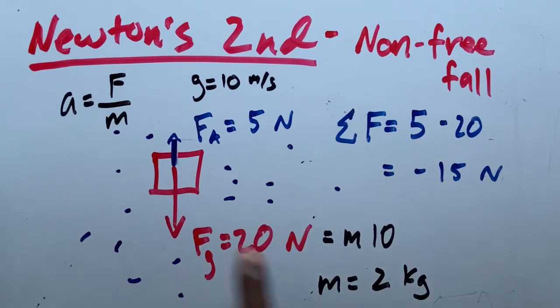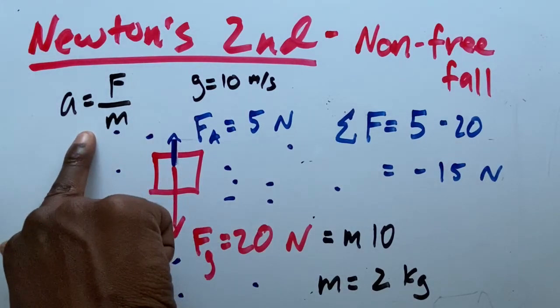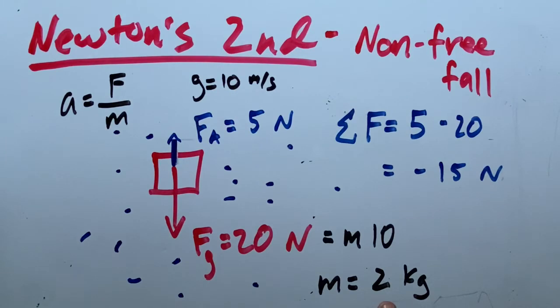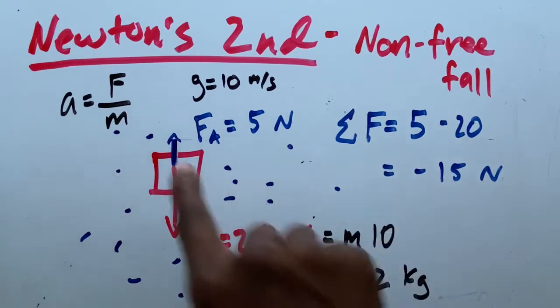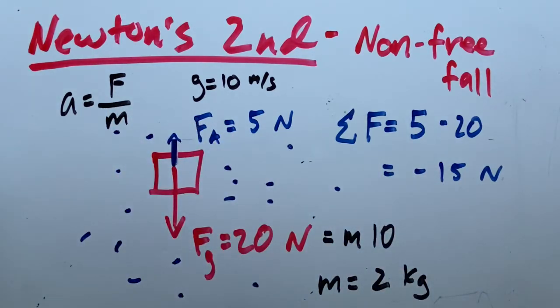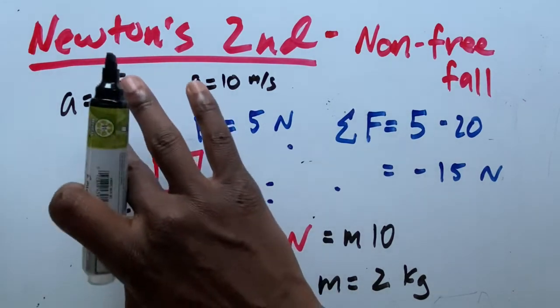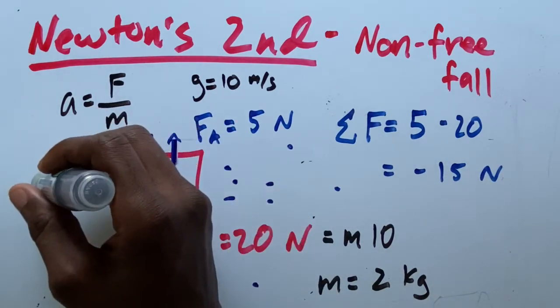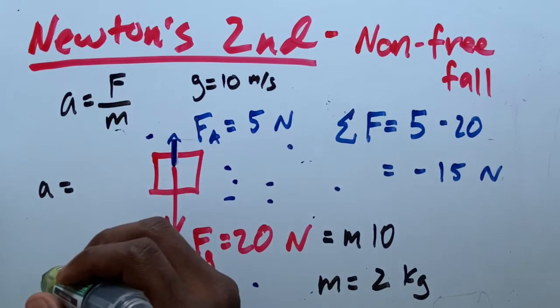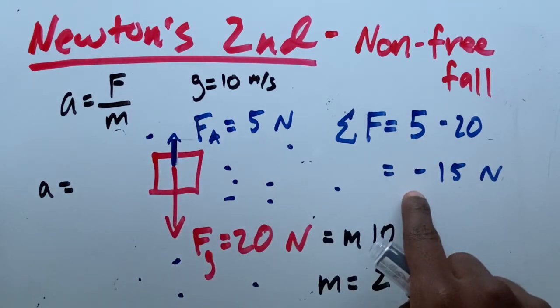So now we can figure out what the acceleration is. So if we take basically this 15, because it's going to be the sum of the forces that go on the top here, acting on this block, and divide it by 2. Well, what's that going to give us? So that's going to be a equals, I'm just going to ignore that negative for now.